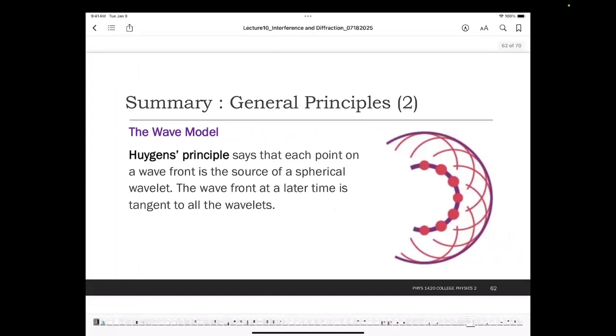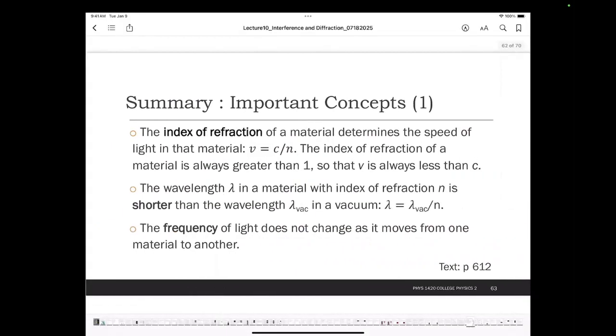And also we talk about Huygens' principle. Each point on a wavefront is a source of spherical wavelets. The wavefront at a later time is tangent to all the wavelets. Okay, and also we talk about some important constants. The index of refraction of a material determines the speed of light in that material.